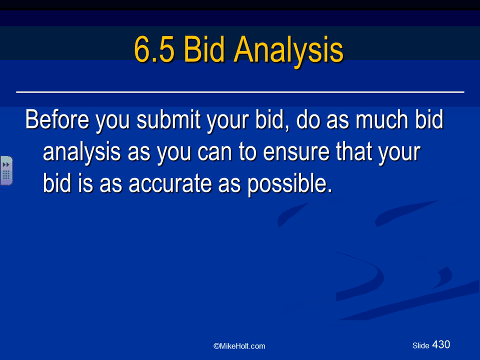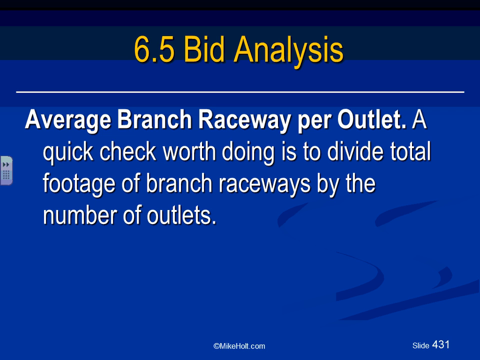Before you submit your bid, you have to review it. A couple of things we talked about when we talked about bid analysis. Look at what they do, this is a really unique way of looking at it. They take the average branch circuit raceways per outlet. Take all the outlets, lights and receptacles. Each one of these is an outlet: 1 outlet, 2 outlets, 3 outlets. A receptacle is an outlet, like an opening.